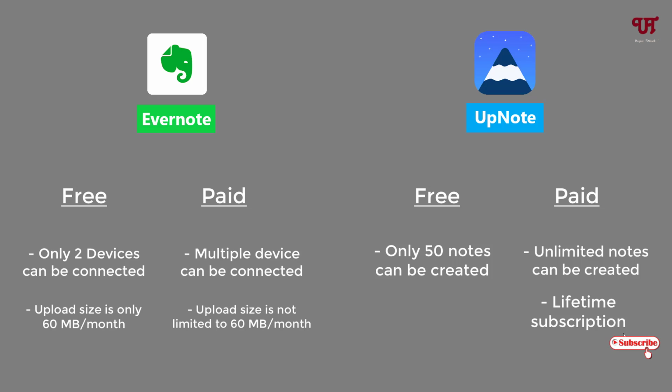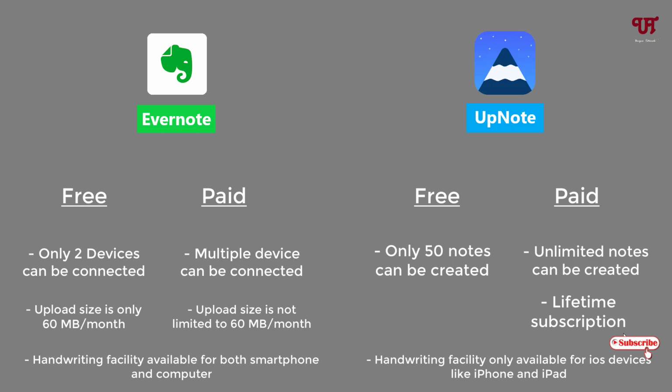And one more thing I would like to include in this section is, in case of Evernote, the handwriting facility is available for both smartphones and computers, whereas in case of UpNote, the handwriting facility is only available for iOS devices like iPhone and iPad. So this is also one little limitation in case of UpNote.